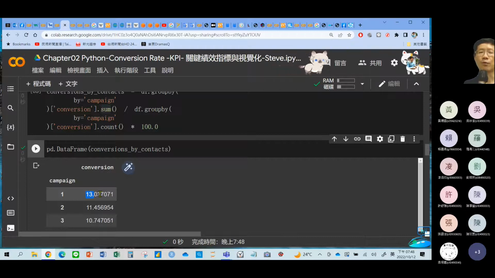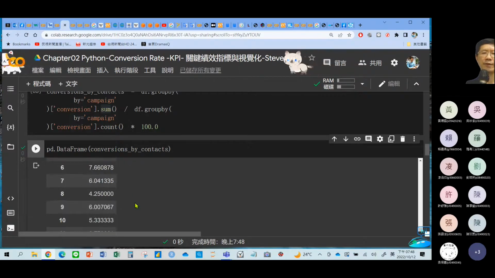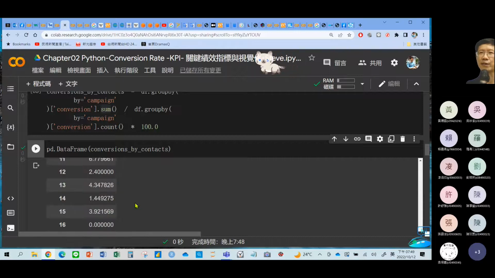For one campaign, the conversion rate is more than 13%，超过了13%。所以刚才的 overall conversion rate, what is it? 11%嘛。但是打一通的是多少？13%，对不对？So you can tell the difference between each campaign.